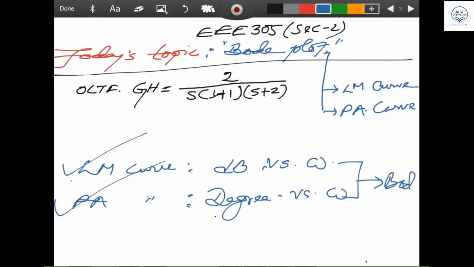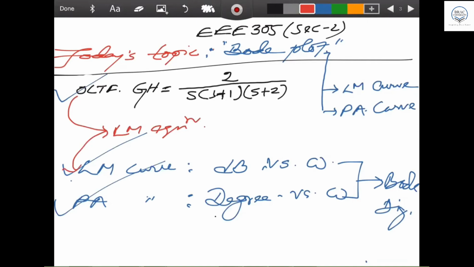After getting the Bode diagram, we have to apply the frequency domain method on it and find the system parameters. This is our main target today. We are going to take this as an example, and from this equation we have to find the log magnitude equation, because the log magnitude curve should be drawn from the log magnitude equation.